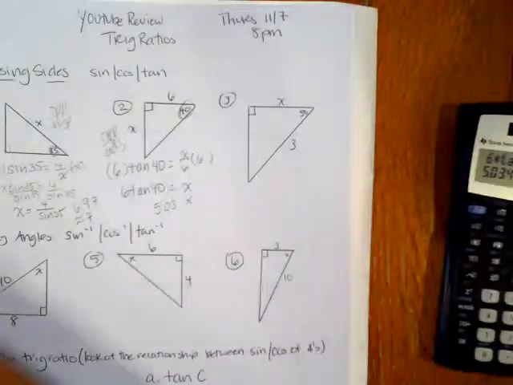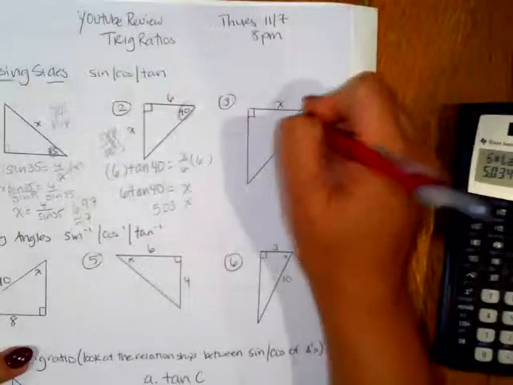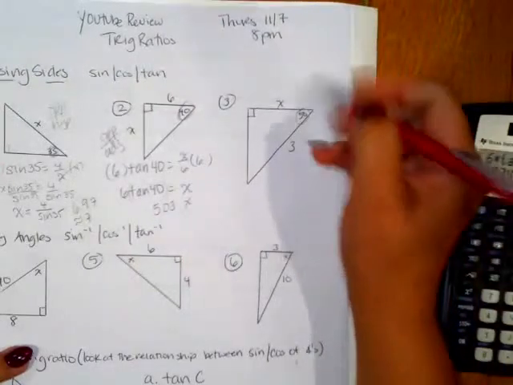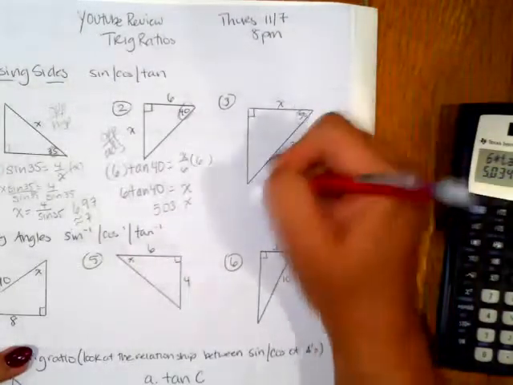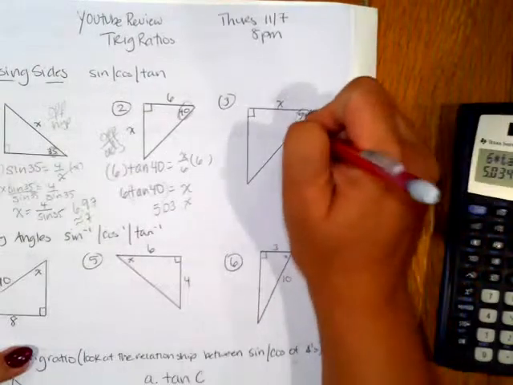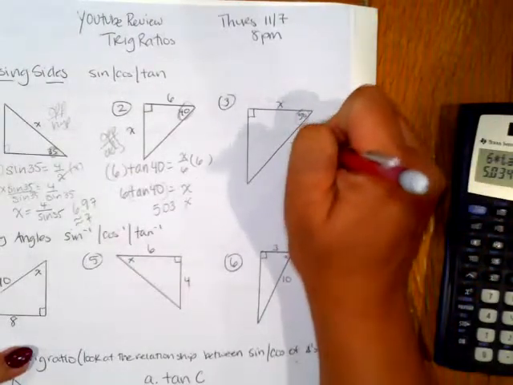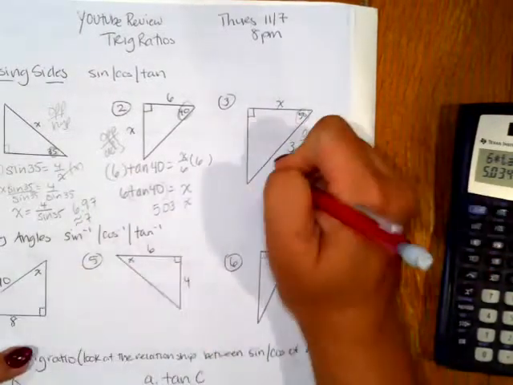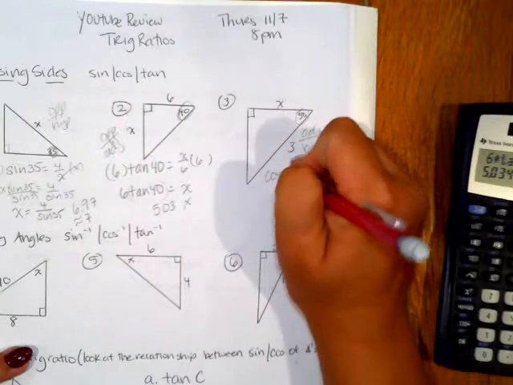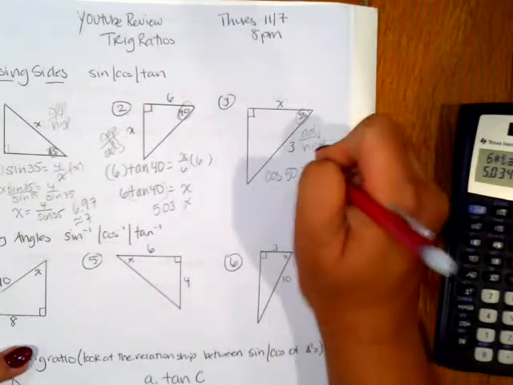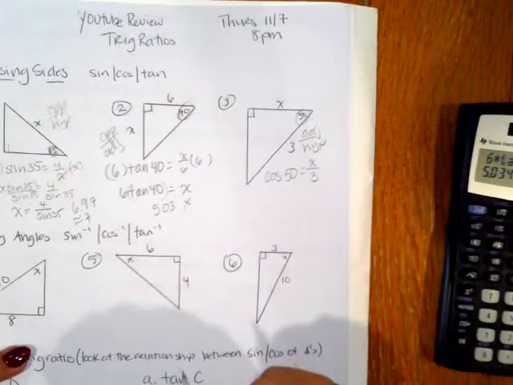All right. Number 3. Right here at 50. There's my hypotenuse. I have adjacent and hypotenuse, so adjacent over hypotenuse. Cosine 50 equals adjacent over hypotenuse.